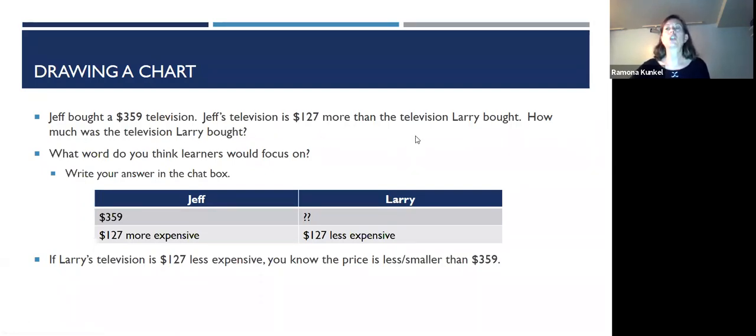So sometimes just writing a chart. Okay, so I got Jeff and I got Larry. I got Jeff, who has $359. And it says that Jeff's television is $127 more. So that means that his is more.